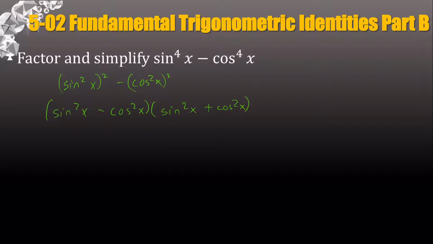It's a minus b, a plus b. But we know that sine squared u plus cosine squared u is 1. So that means I've got sine squared x minus cosine squared x times 1, because all of that is 1.